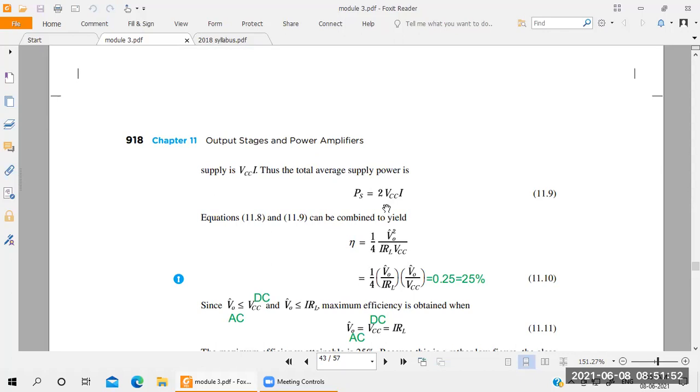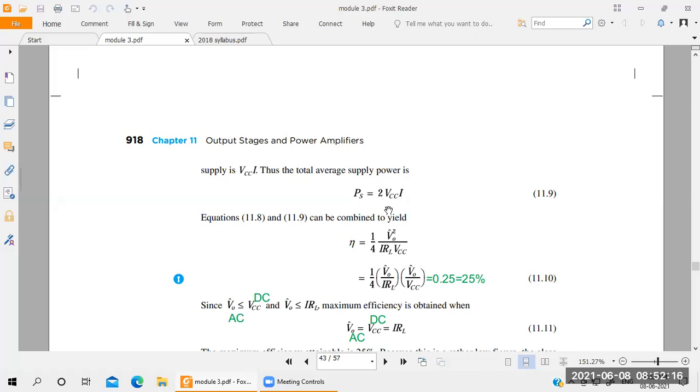That's why you take VCC as the power supply for the Q1 and Q2 transistors. Whether it is positive or negative, when you come to the average we have to neglect the sign, because we want to take the average, right? So average means we take the sum of the power divided by 2. So for that, take only VCC.